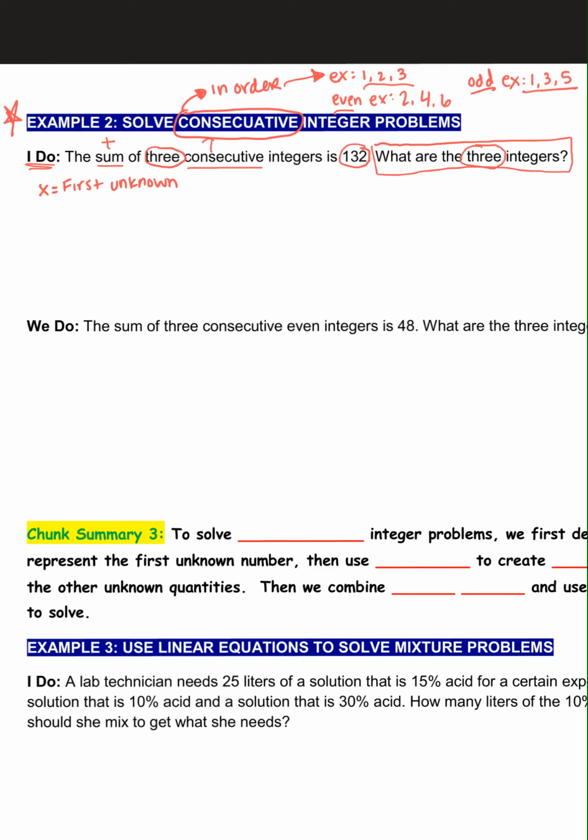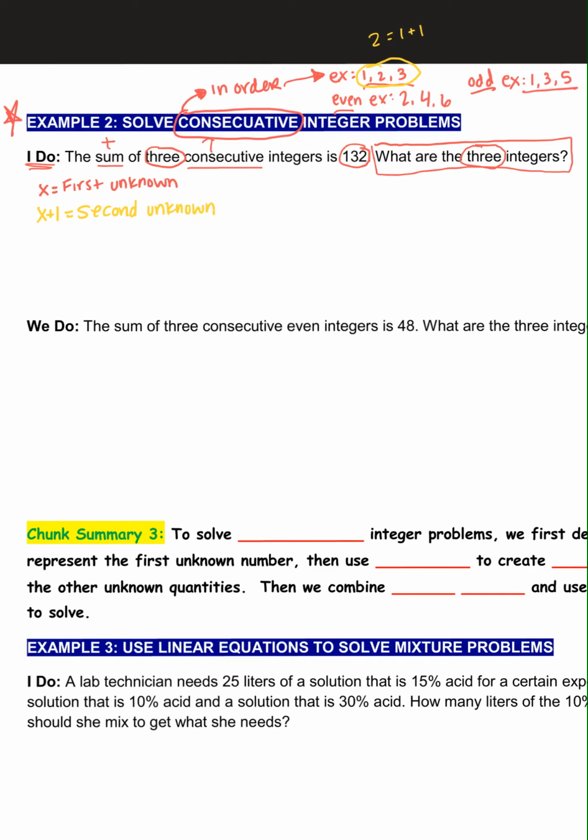So if I'm looking at exactly this guy right here with the example 1, 2, 3, I know that 1 would be our x and 2 is equal to 1 plus 1. So for my second number that I don't know, I'm going to make it say x plus 1, which means my second unknown.